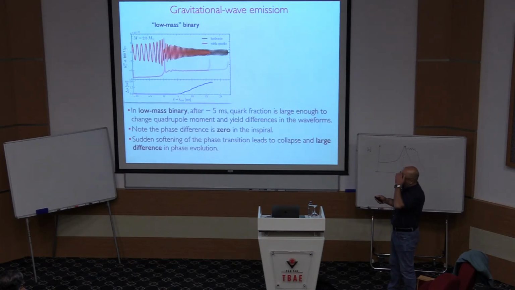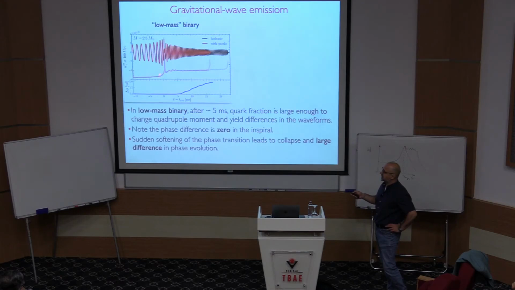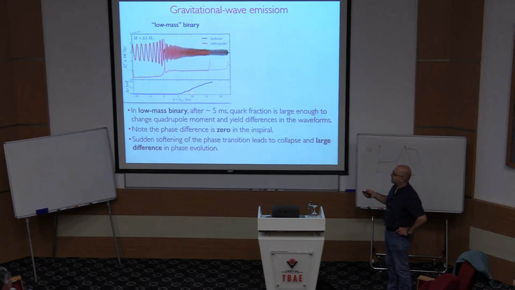As you can see, the phase difference is essentially 0 up to 5 milliseconds after the merger. This is because there are no quarks or very little amounts of quarks up until this time, but as soon as quarks appear, they lead to a difference in the phase. You see the waveforms are different, and this phase difference can be quite considerable.